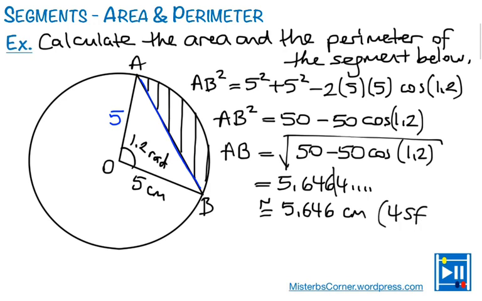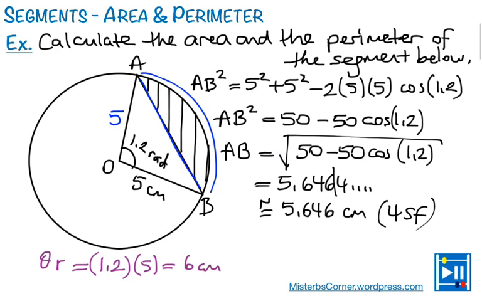That's 4 significant figures. Now to that I'm going to add the arc length. So arc length would be theta multiplied by r, which would be 1.2 radians multiplied by 5. So it's going to be 6 centimeters. So if I add these two, I'm going to get the perimeter of the segment.